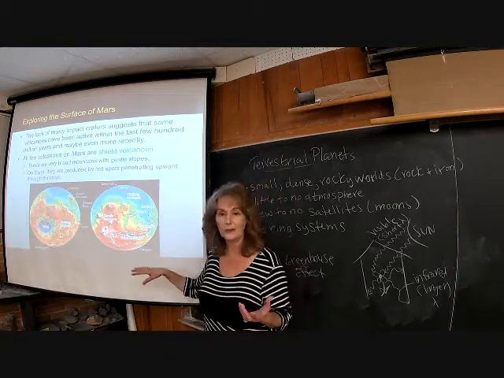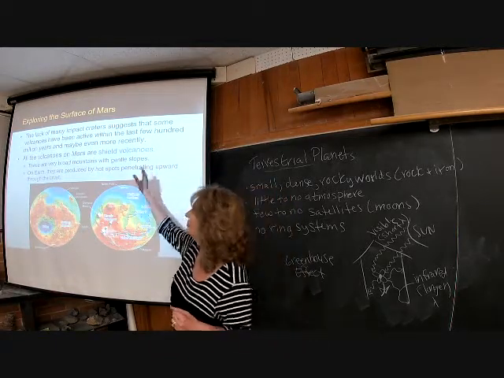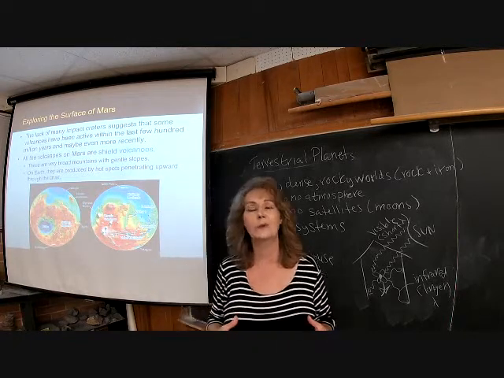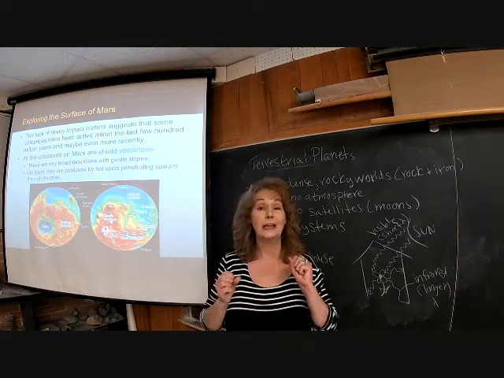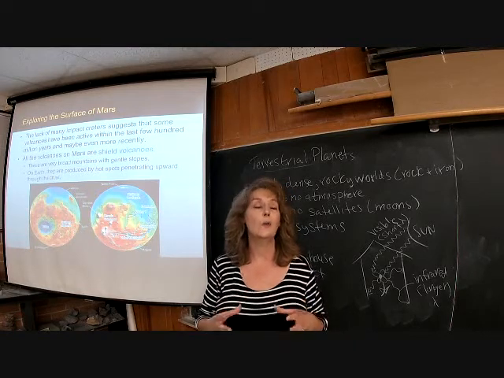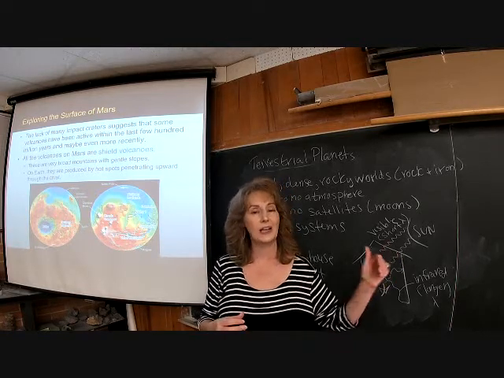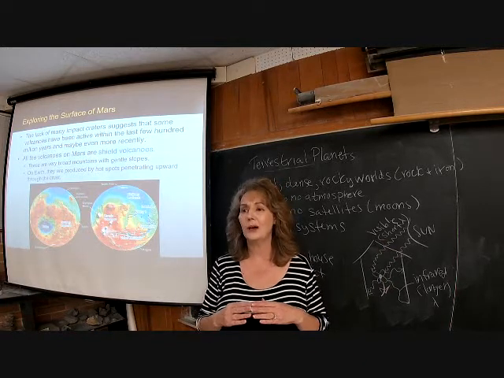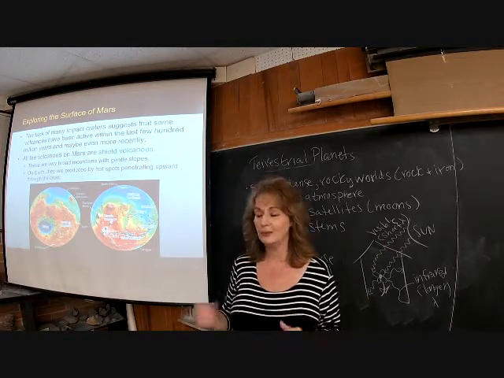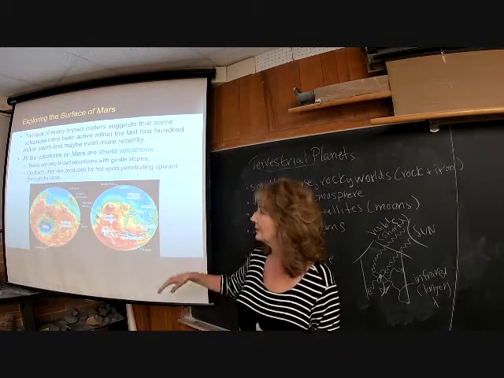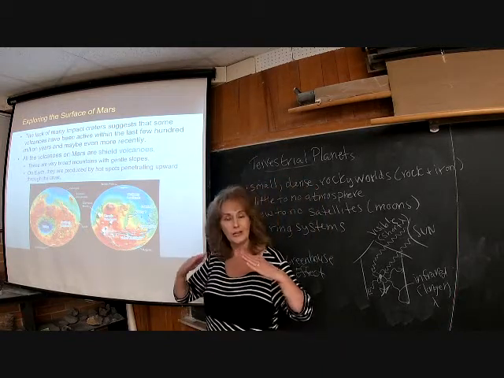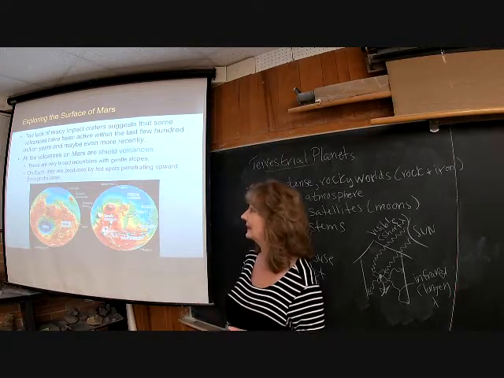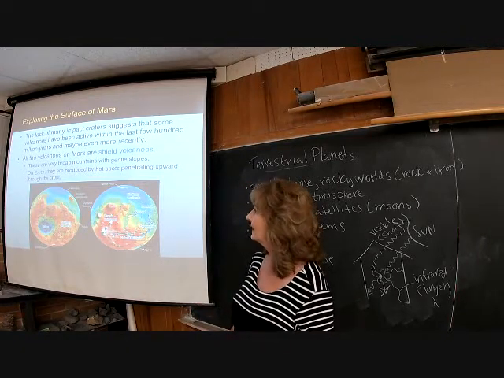But volcanoes on Mars are of the variety that we call shield volcanoes, and shield volcanoes would be similar to what we see in Hawaii, the Hawaiian Island chain. Those are all shield volcanoes, and so that would be similar to what we're seeing here on Mars. They're very broad and they have very gentle slopes, and they really cover a great expanse of real estate, honestly.